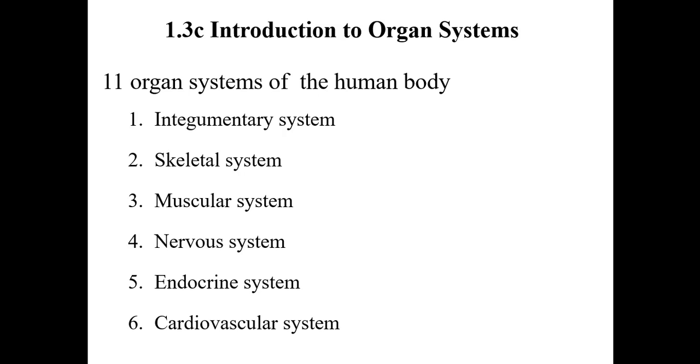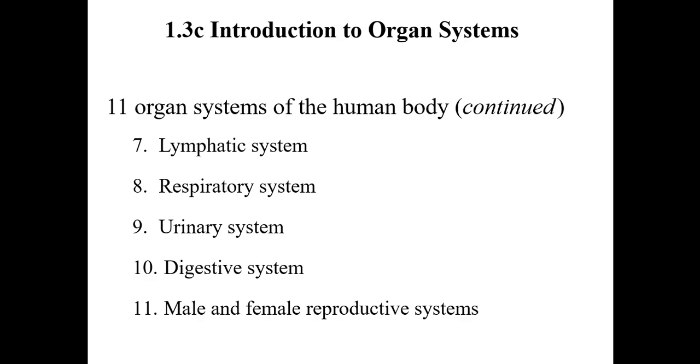These are the 11 different organ systems of the body. I'm going to call these out. They are of value to you. At least you should know that they exist. So we have the integumentary system, which is your skin, skeletal system, muscular system, nervous system, endocrine system, cardiovascular system. Continuing, we have the lymphatic system, respiratory system, urinary system, digestive system, and the male and female reproductive systems.